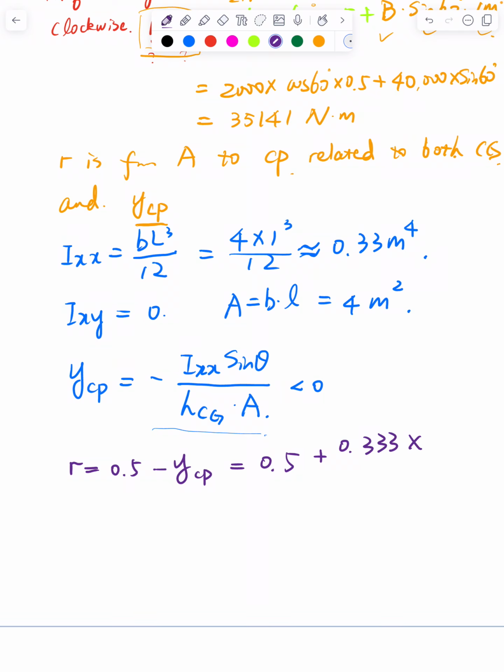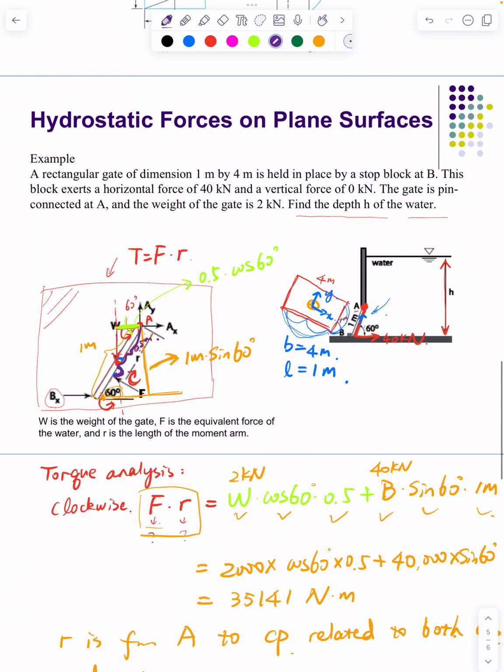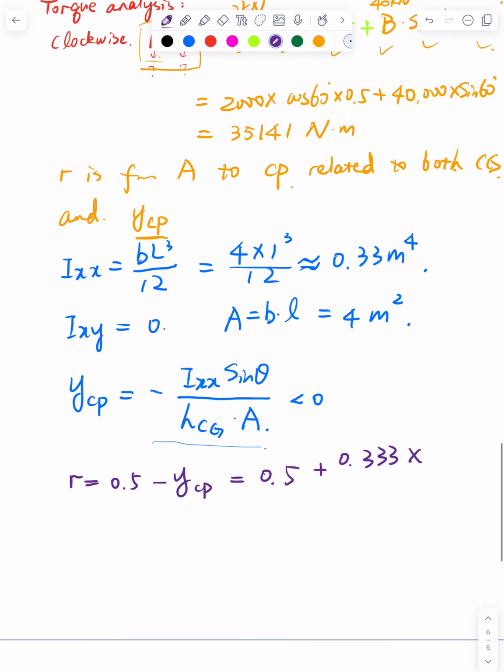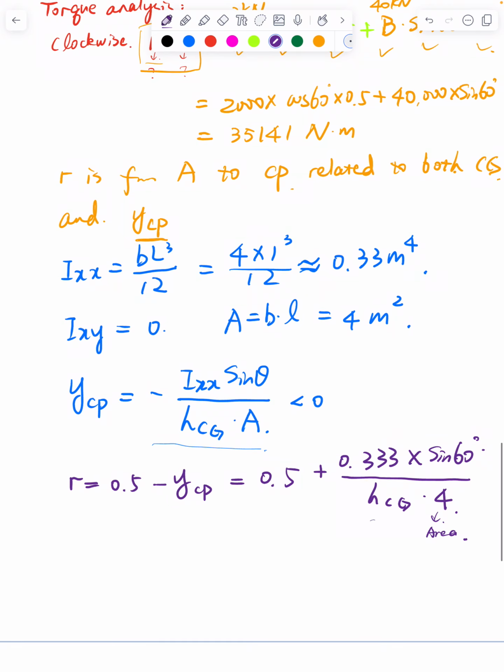We said it's a board, and you see how much you rotate it from horizontal, so this theta is 60 degrees. So multiply by sine 60 degrees divided by HCG, multiplied by 4, where 4 is the area, right? And we notice that HCG, we don't know, but it's related to H, right?